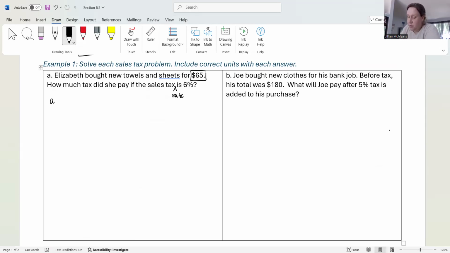Okay, so remember the amount is the value of the sales tax. And for us, that is currently unknown. The base is the pre-tax cost of the goods.